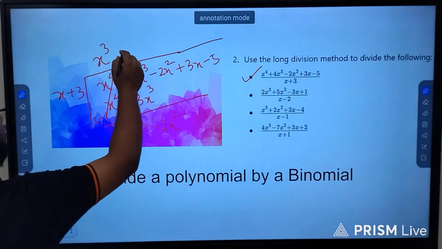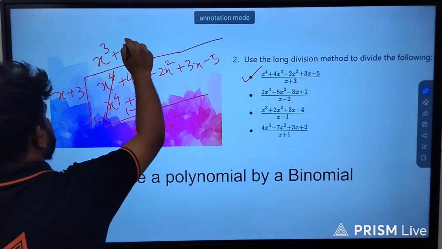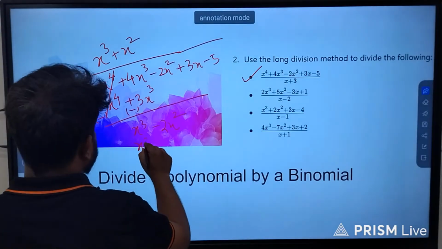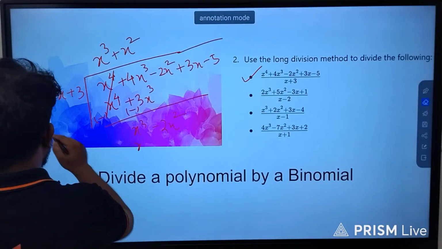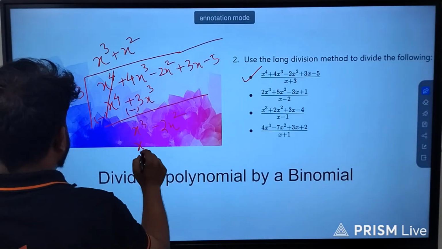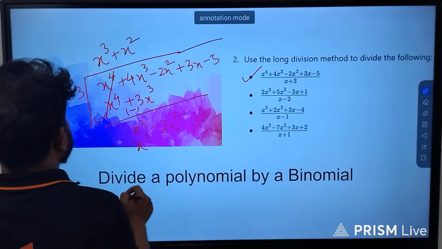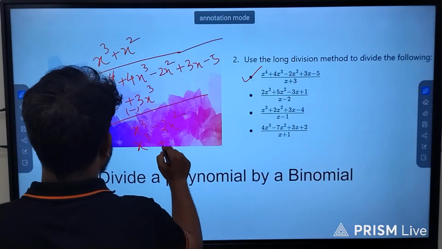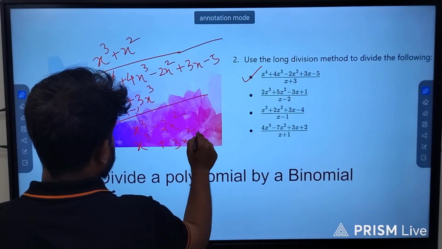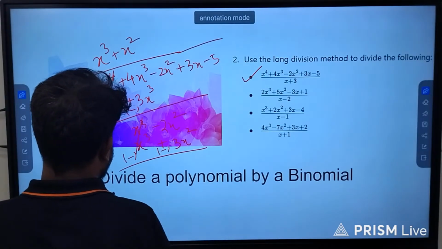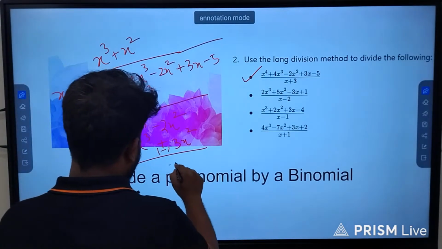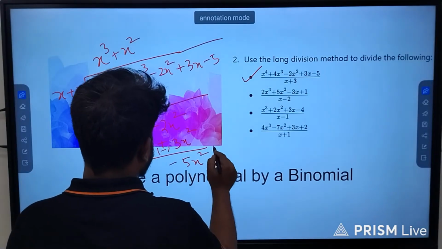Then again take x square, so it will be x cube plus 3x square. Change the signs and bring down the minus 5x square.